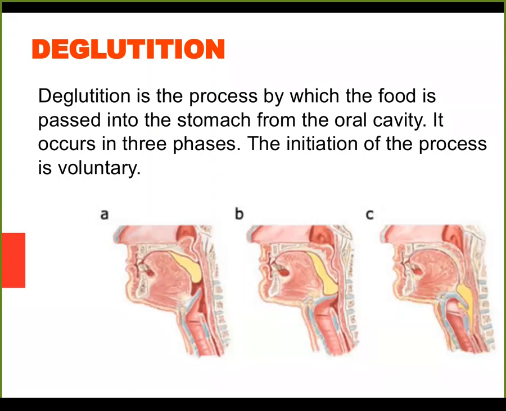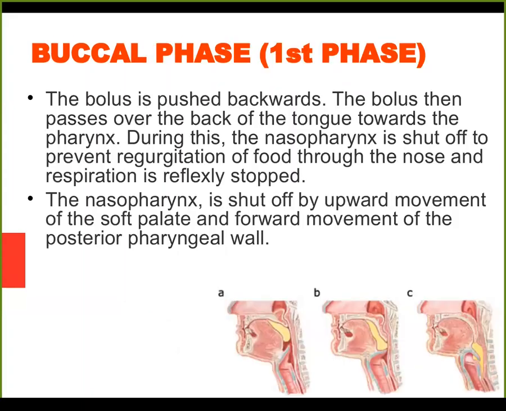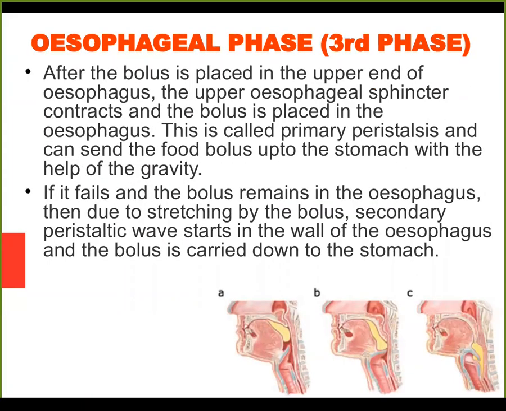So for the bolus, there is only one way, into the esophagus, and when the bolus comes from the tongue into the esophagus, the third stage starts, when the bolus moves into the upper esophagus.